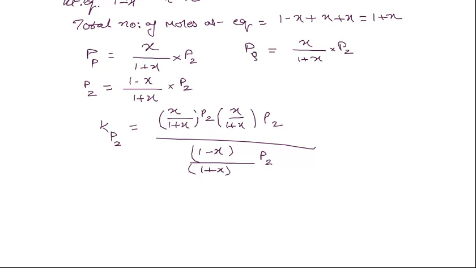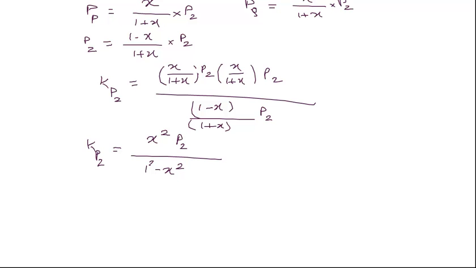You can easily solve this. What I'll get is x squared P2 divided by 1 minus x squared. The 1 plus x will be cancelled off, and 1 plus x into 1 minus x gives 1 square minus x square, that is a square minus b square.